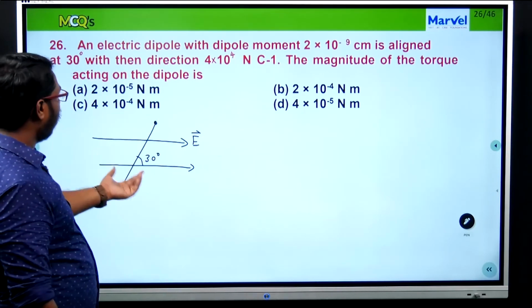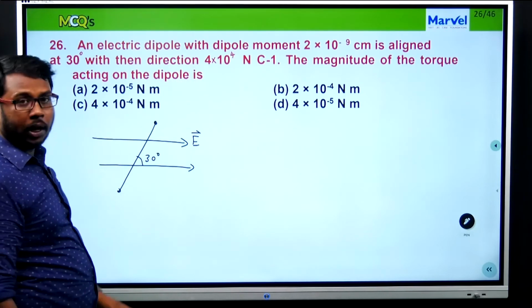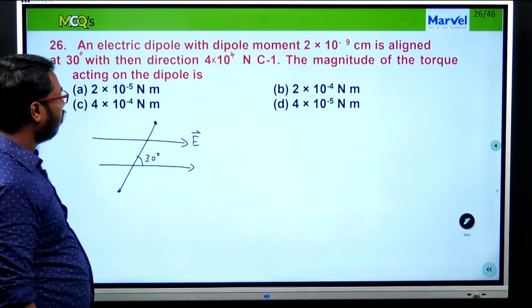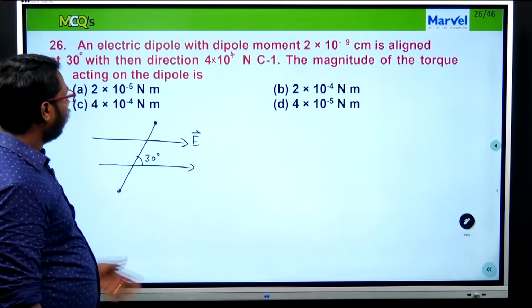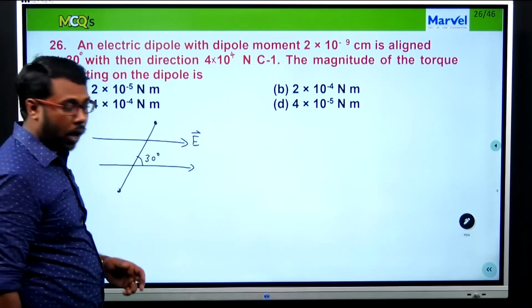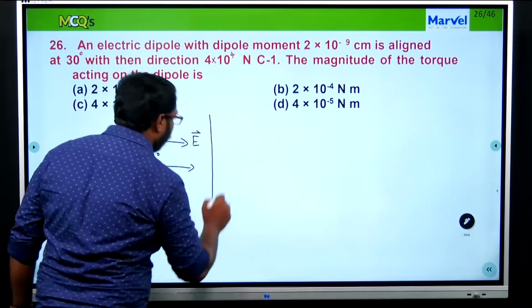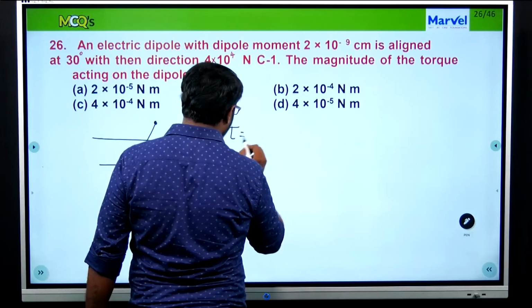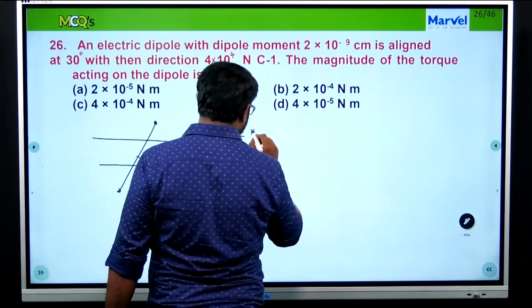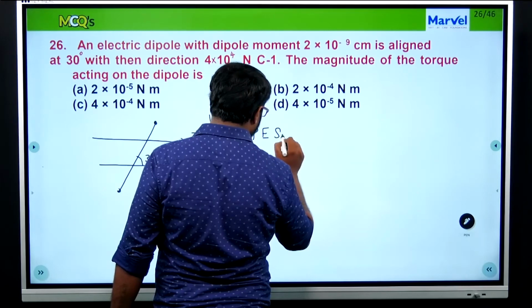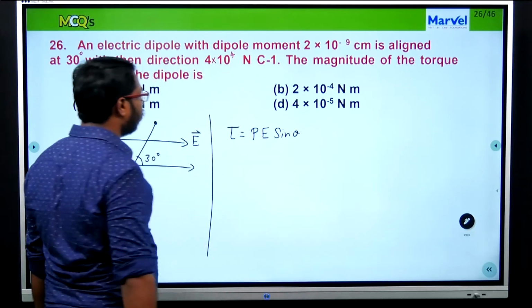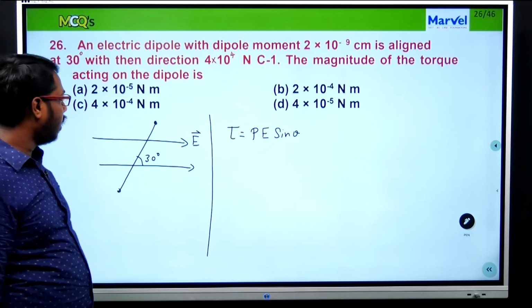Already we are aware of the dipole moment, which is 2 into 10 power minus 9, and what you are supposed to find is the magnitude of the torque, where tau is equal to P E sin theta. This is the formula, tau is equal to P E sin theta.